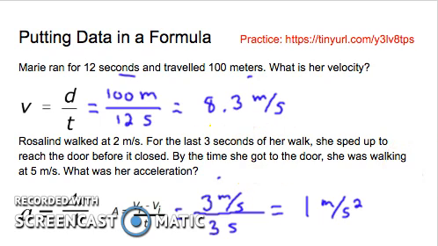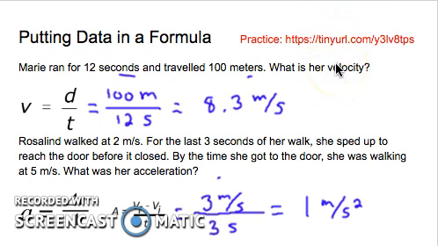Well, we have up at the top some practice problems, and I have put it online at this tiny URL. Now, you may have already been given a sheet that had some practice problems on it. This is that sheet right here.